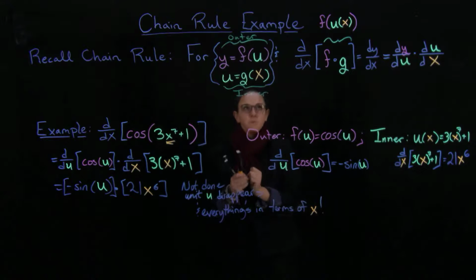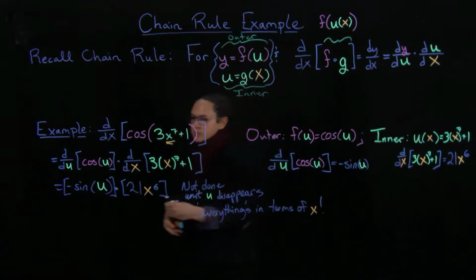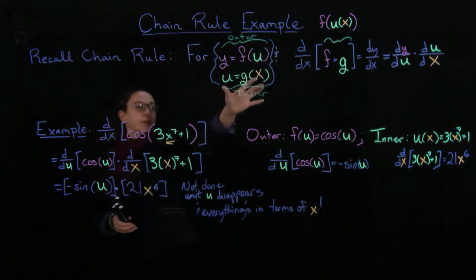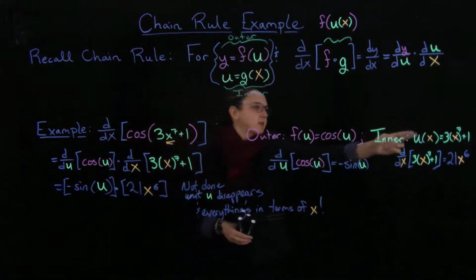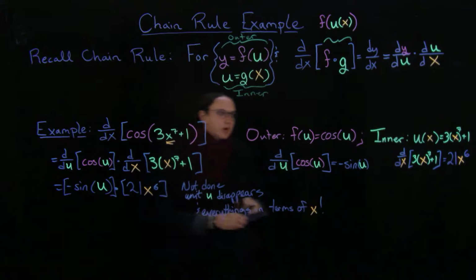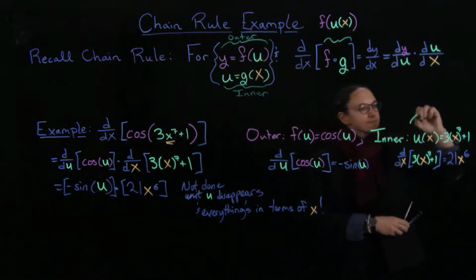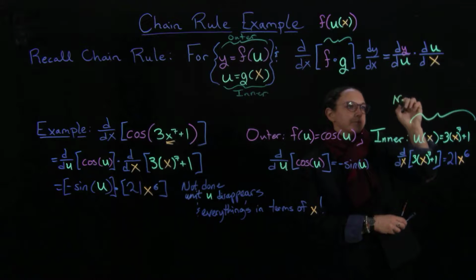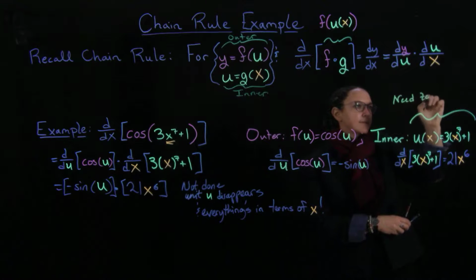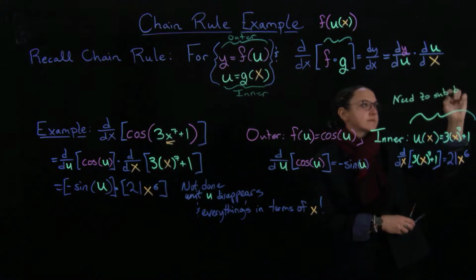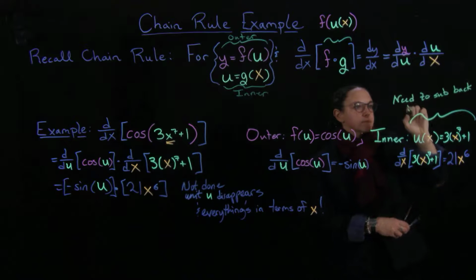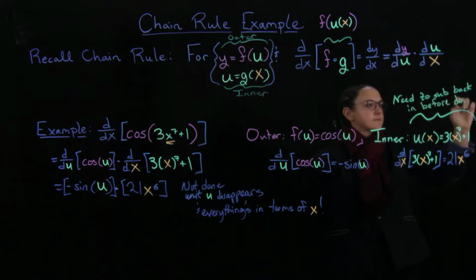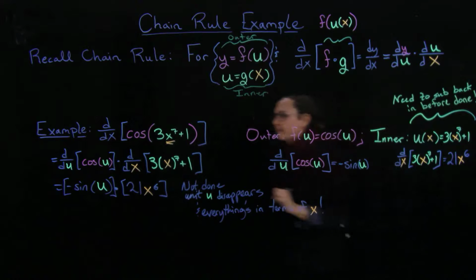Okay, so let's go ahead and do that. So I just need to replace this u, okay, from up here. So here it is. Here's my u. I need to sub this back in before I'm done. Okay.